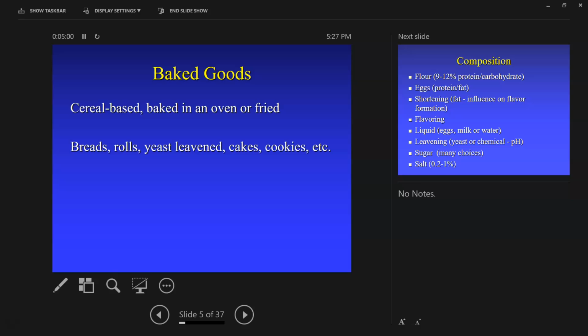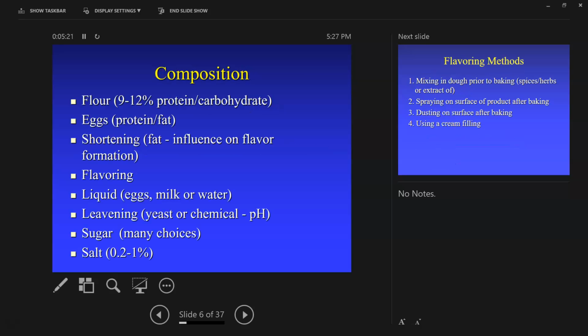So our flavor must be compatible with protein that's in flour, wheat flour, from a reactivity standpoint, from an interaction standpoint. It's got to be thermally stable so that it isn't evaporated during the baking process. So right away we've got some constraints on how we design that flavor.